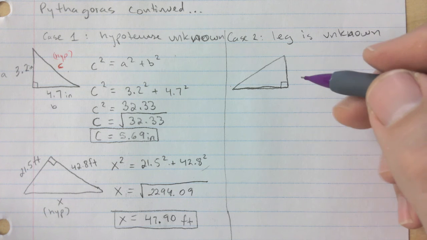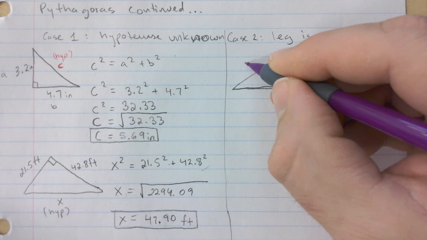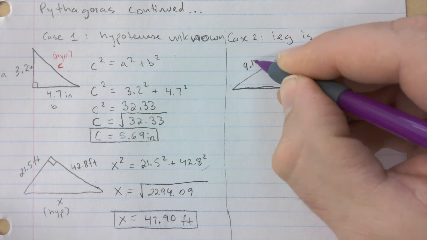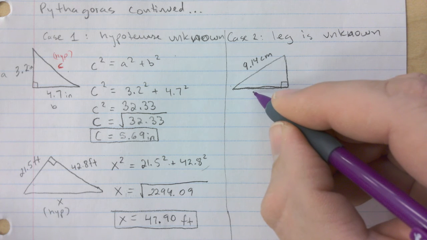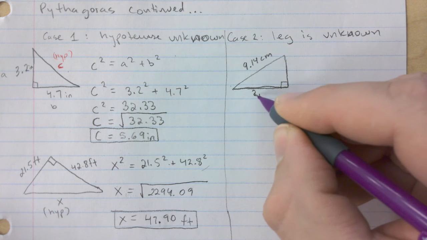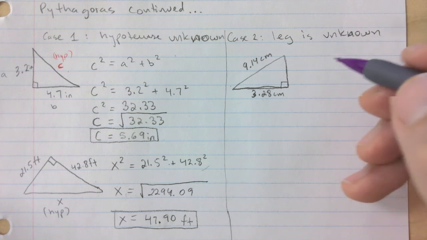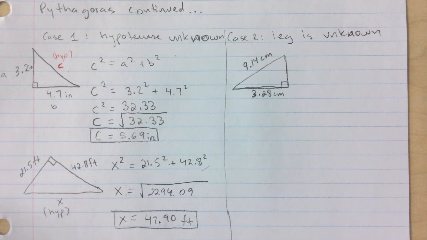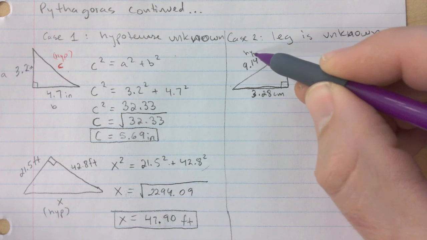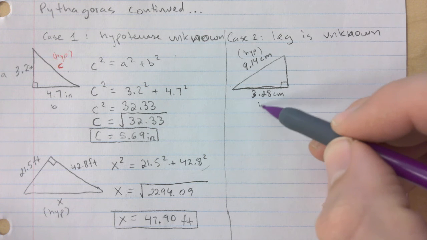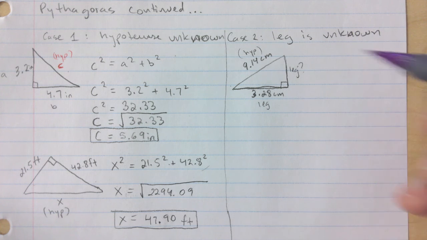But for now, we're just going to keep it simple, okay? So let's say this is 9.14 centimeters, and this is 3.28 centimeters, and obviously there's an unknown side. We know that this is the hypotenuse, this is leg, and this is leg. You're missing a leg here.